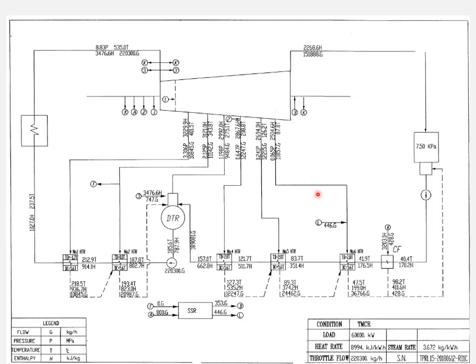The steam rate of 3,672 kg per kilowatt-hour measures the mass of steam consumed per unit of electricity produced. The lower the steam rate, the more efficiently the steam is utilized.